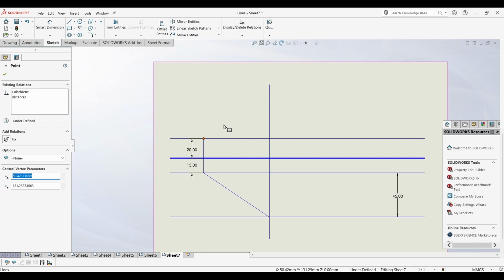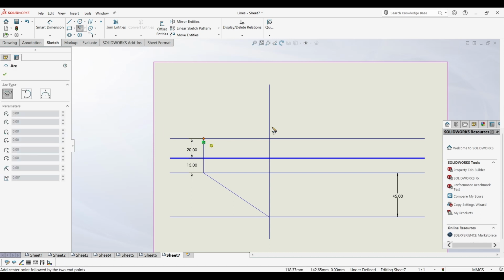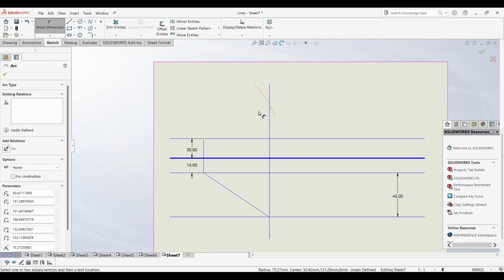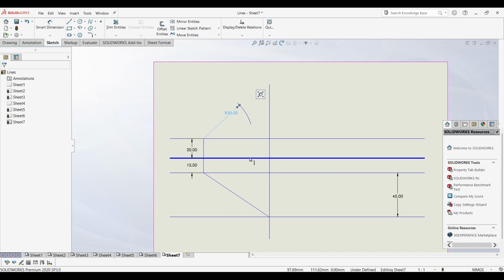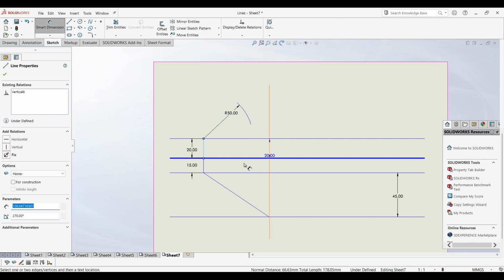So here we have to take an arc from this point to here to here. This thing given to us is 50 mm. Are you sure of that? Okay, I'm really sorry. I forgot to take the dimension, the distance between end projectors.